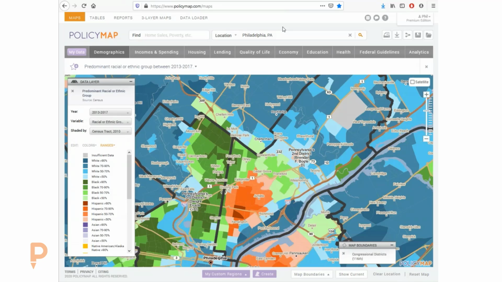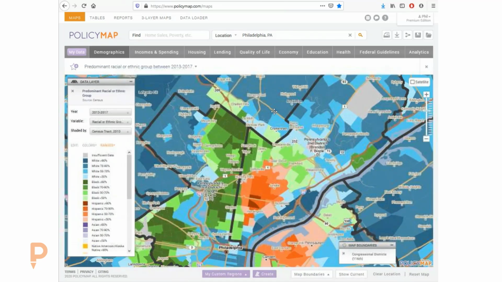This is Austin. I had a question. Did I hear you say earlier that you publish your own studies based on different data that you have? Yeah, we don't publish. We do publish some data work, but what we do is we create data based on the public sources. In this case, this predominant race is one of these indexes that we created.